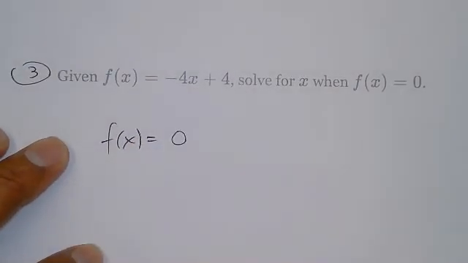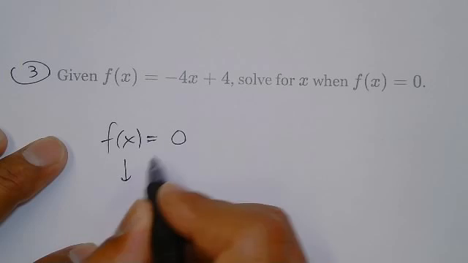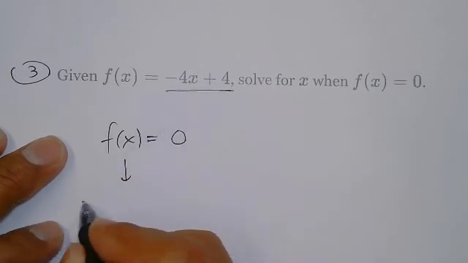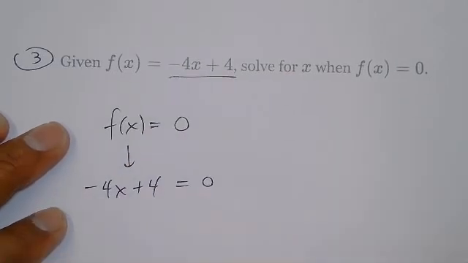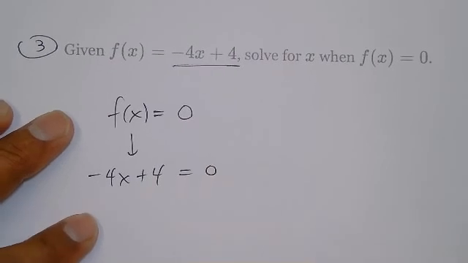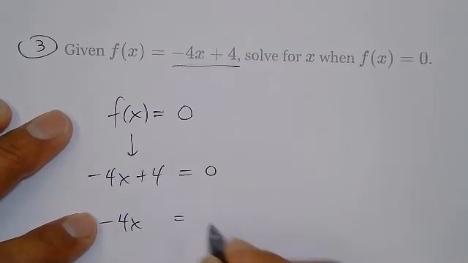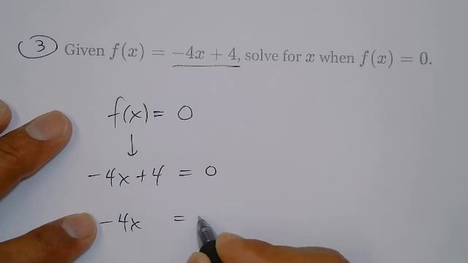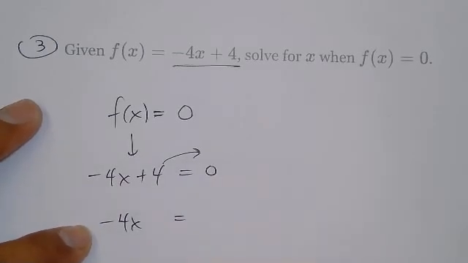What does it mean if it's telling you to do f of x equals 0? Well, here for this part where it says f of x, you put what? Is that right? Yeah. And then now you solve it, so it's going to be negative 4x equals what?